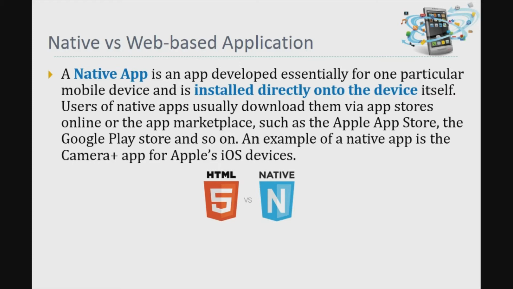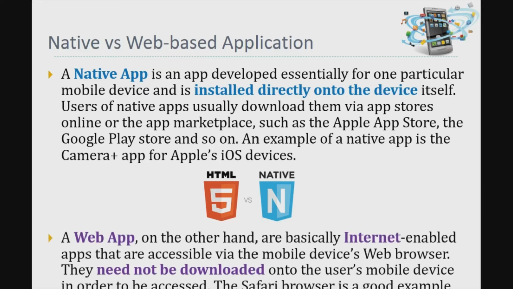You can find any of them using the mobile. So an example of a native application is the Camera Plus application for Apple's iOS device. So when we talk about the native application, you can download it from the application store and install to your mobile device.